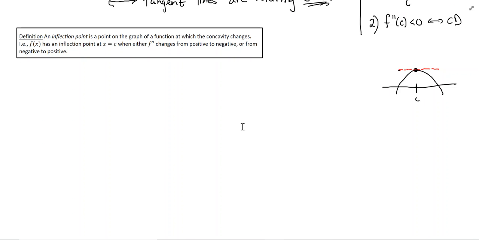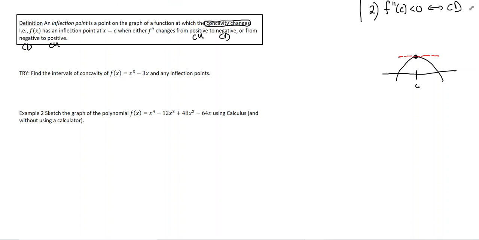Another way to say that is that f has an inflection point when the second derivative changes from positive to negative, which would be concave up to concave down, or from negative to positive, which would be concave down to concave up. So if it changes concavity, then you have an inflection point.